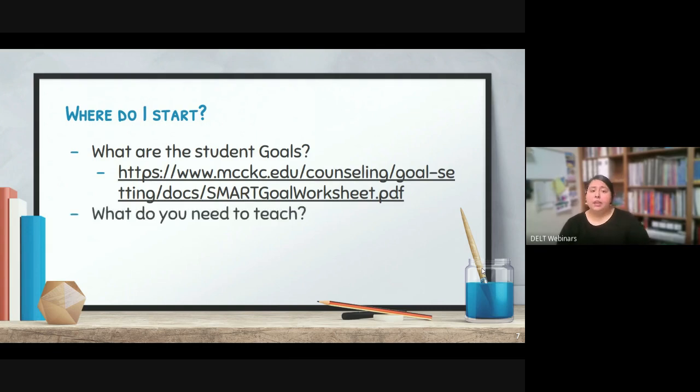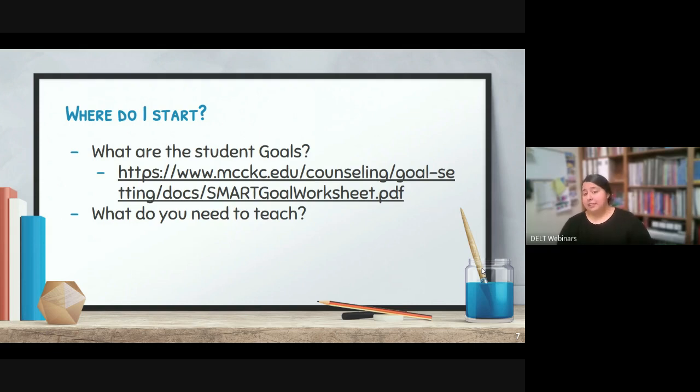The next thing you have to think about is, what do you need to teach? All of us are in some sort of program where we have a curriculum or we have materials that we absolutely need to present. So what do you need to teach and how does it align to the students' goals? In a perfect world, we would be able to teach whatever we wanted and how we wanted and just reach their needs.